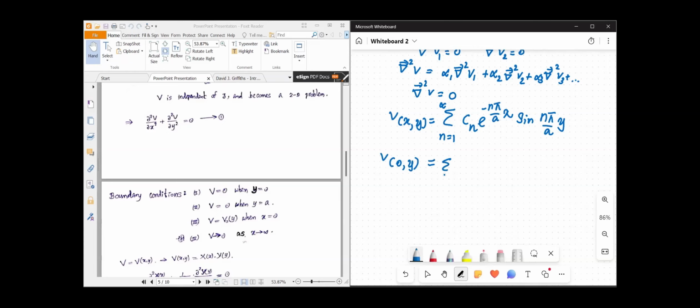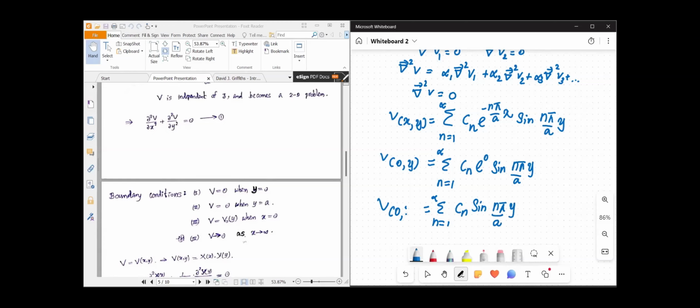So we have the sum from n equals 1 to infinity of Cn e to the power 0 sine nπ/a y, which reduces to the sum of Cn sine nπ y over a.